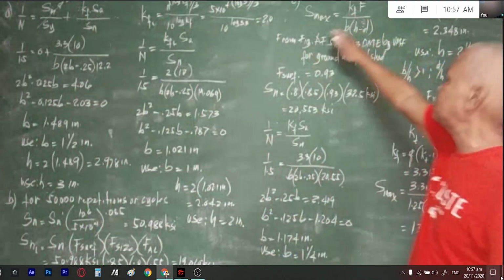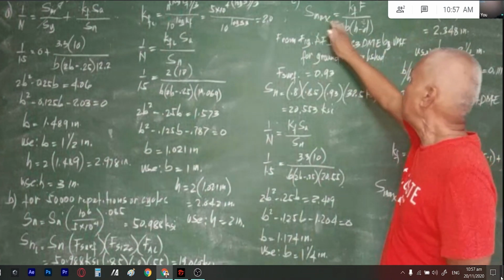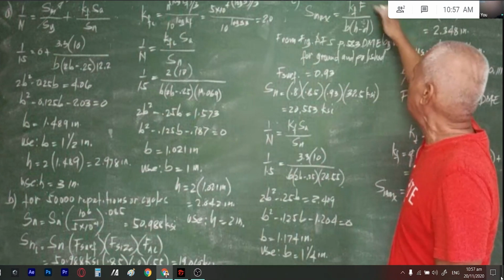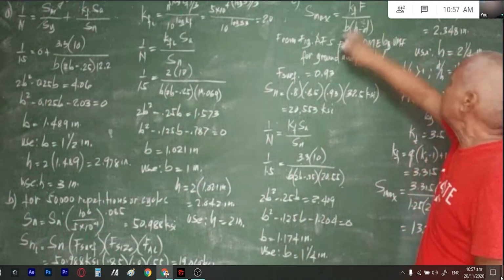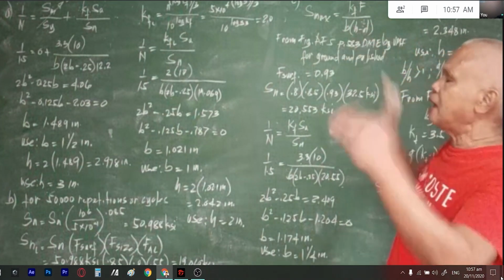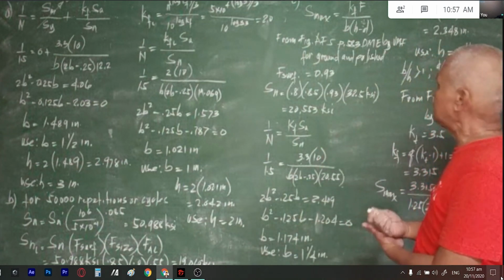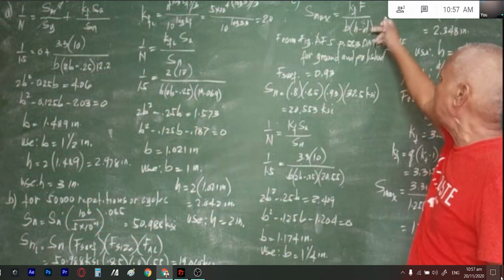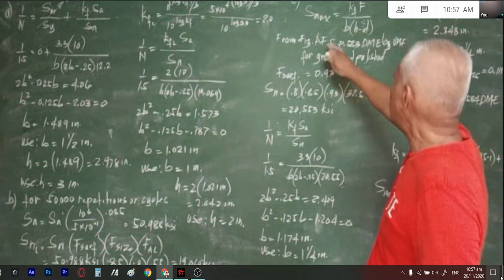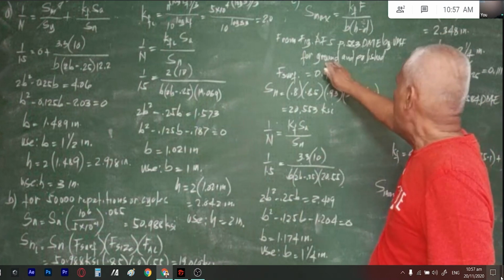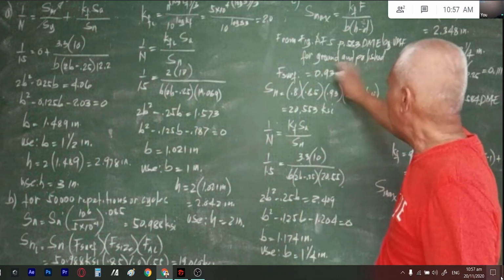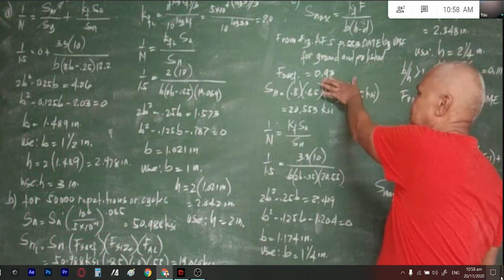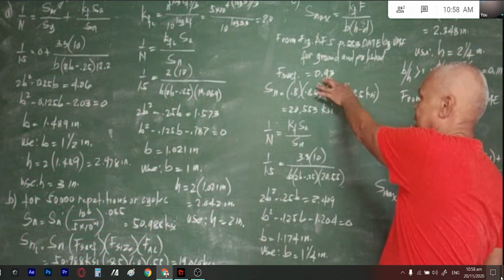For letter C, we are asked to find the maximum stress, which is equal to Kf multiplied by the maximum force divided by the cross-sectional area at the section where the stress concentration is. So that is P multiplied by x minus d. From figure A5, for ground and polished surface, our surface factor is taken at 0.93.